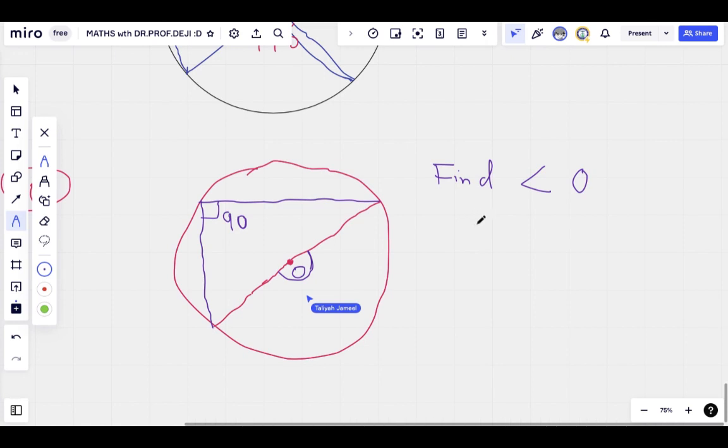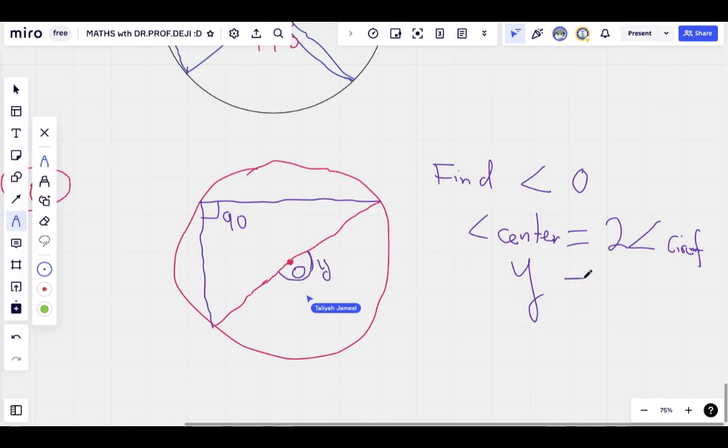Remember, angle center equals 2 times angle circumference. So is our angle at the center 90, right? No, the angle at the center we don't know. We can call it y. So I can call here y, the angle at the center.